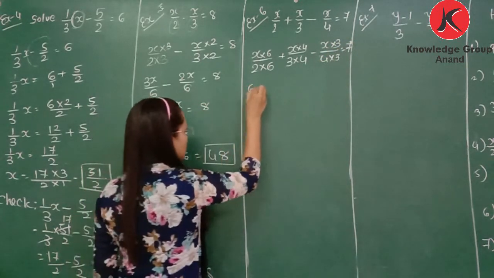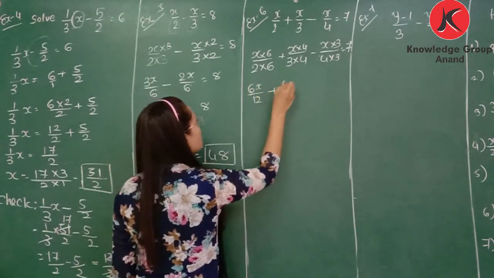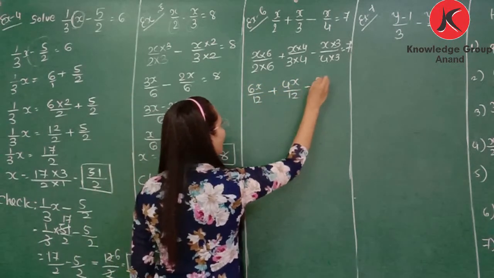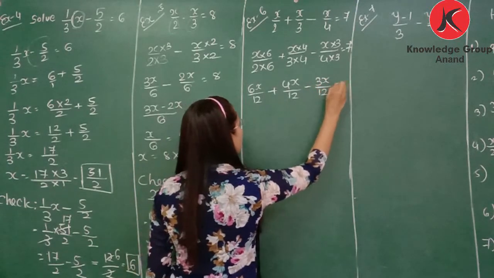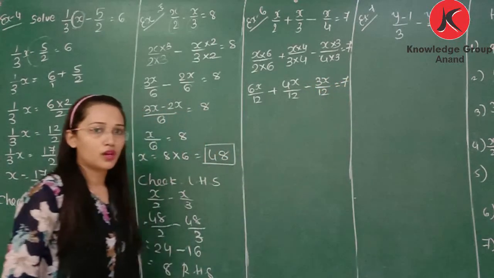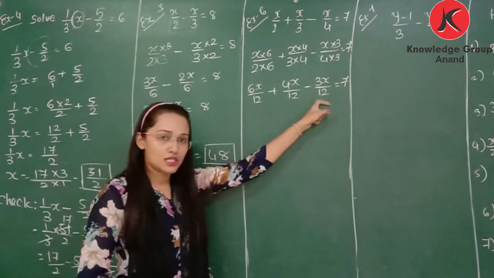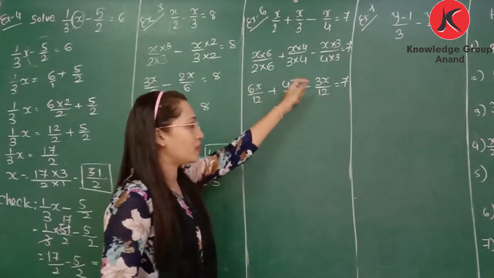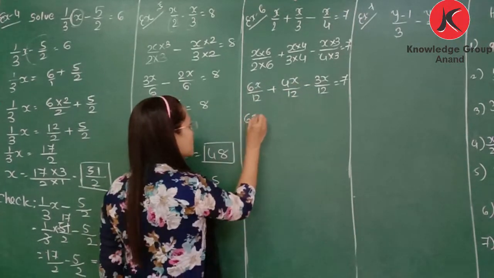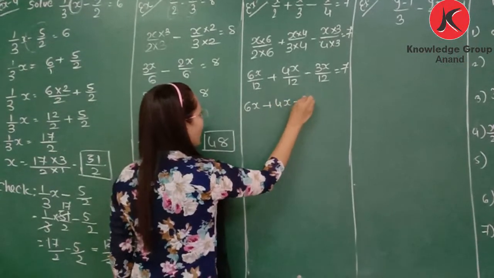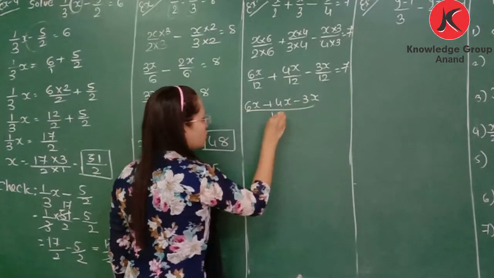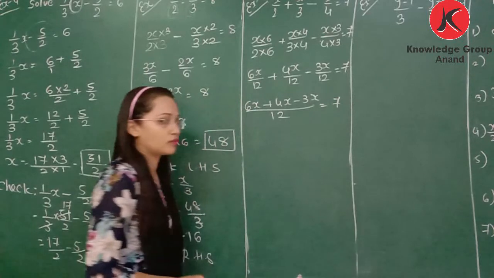Now here we have 6x by 12 plus 4x by 12 minus 3x by 12 is equal to 7. Now you can see the denominator is 12 now. So you can combine the numerator. So we have 6x plus 4x minus 3x divided by 12 is equal to 7.